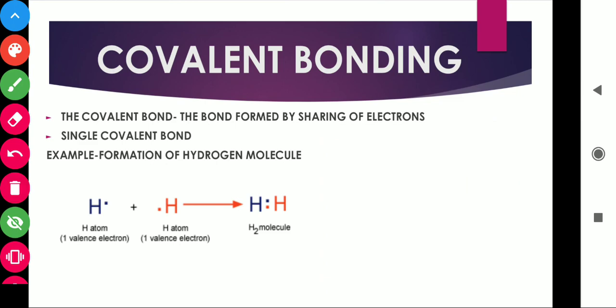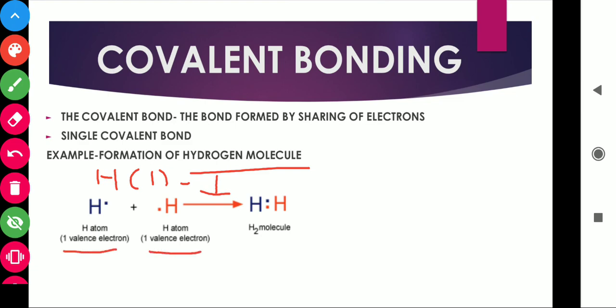We have taken here the formation of a hydrogen molecule. In hydrogen, atomic number is 1. It means in the K shell, only a single electron is present. To achieve its configuration, it requires one more electron.